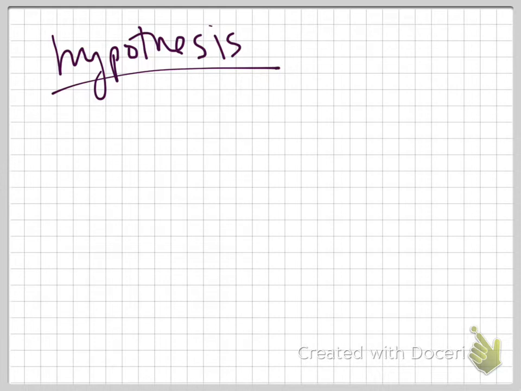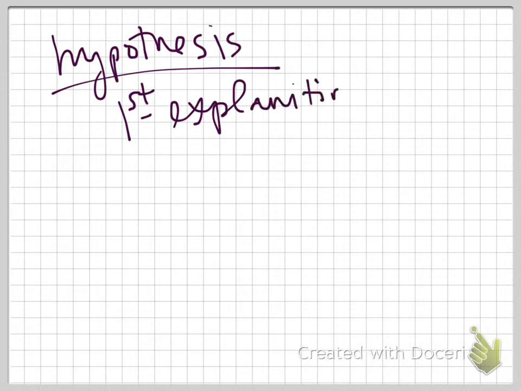It's a working explanation. It's the first explanation you come to after you've gotten a bunch of data. So it is your first explanation. You know what is true of hypotheses? They tend to change. The first explanation you come up with for something is very often not the last. So it's a first explanation. It's a working explanation.